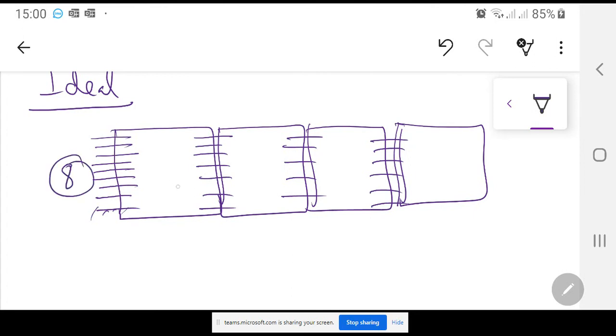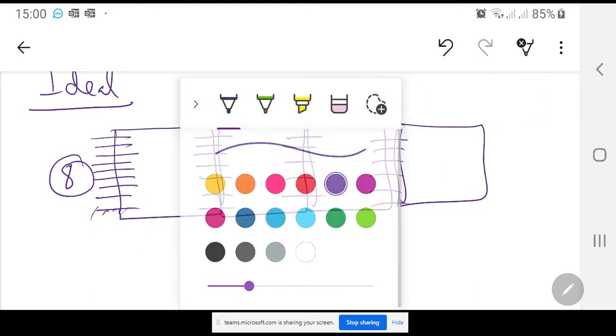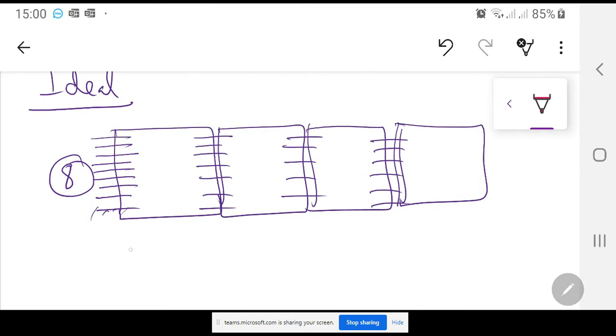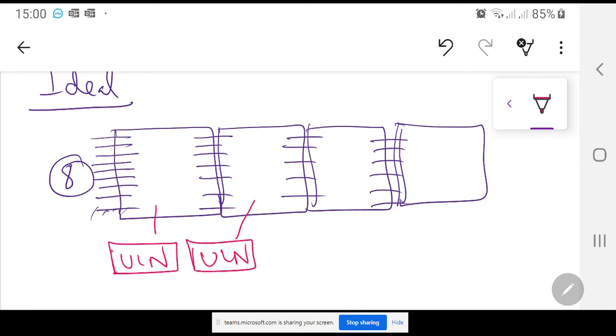This is RGB over here, and then it will come to the ULN IC. There will actually be a lot of ICs over here. If you are talking about the red color, there will be one ULN for this one, one ULN for this one, one ULN for this one, and one ULN for this one.